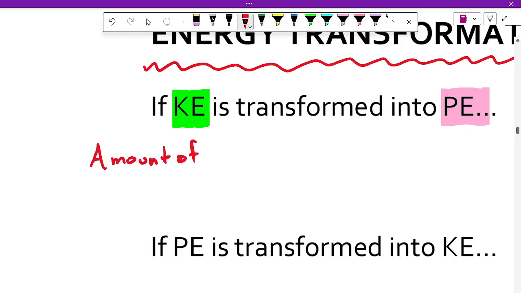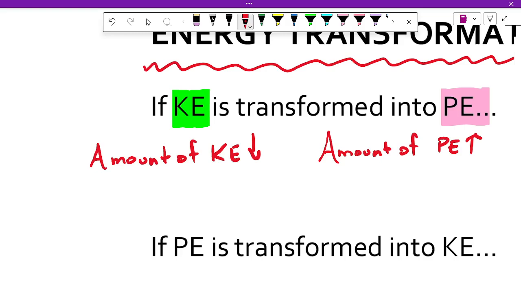The amount of kinetic energy decreases, and the amount of potential energy increases. And if the amount of kinetic energy decreases, what else decreases?